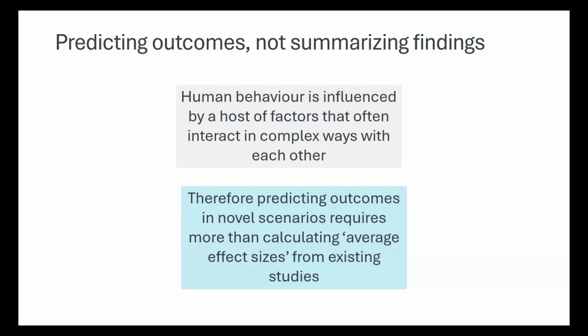That's no guarantee that you're going to get the same result the next time you do it. We're in the business of prediction. In order to predict, you need to understand. But understanding on its own is not enough. You've got to be able to predict.